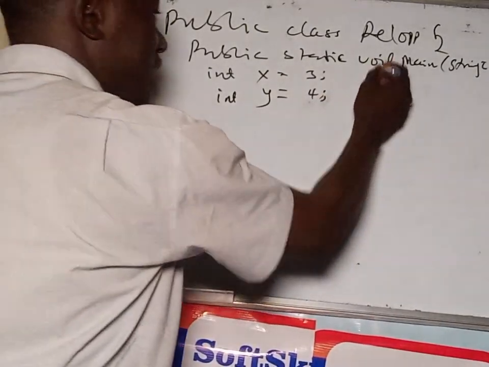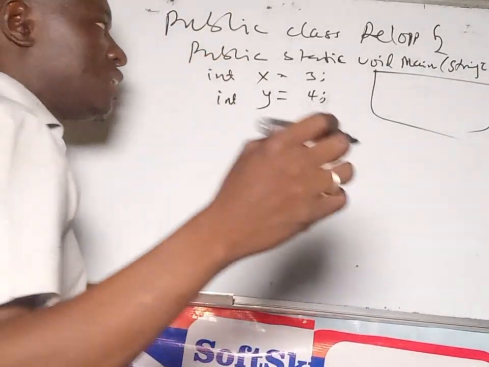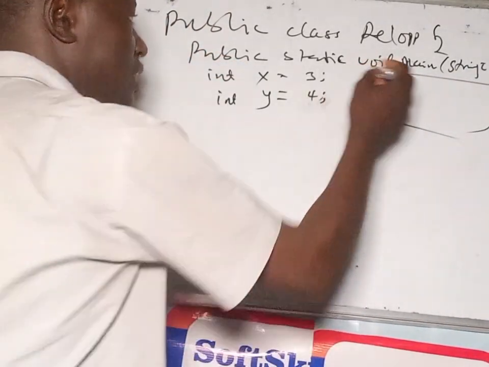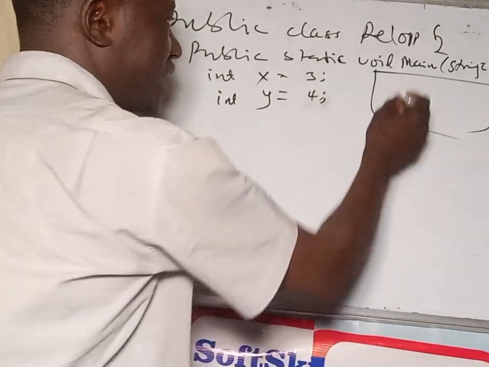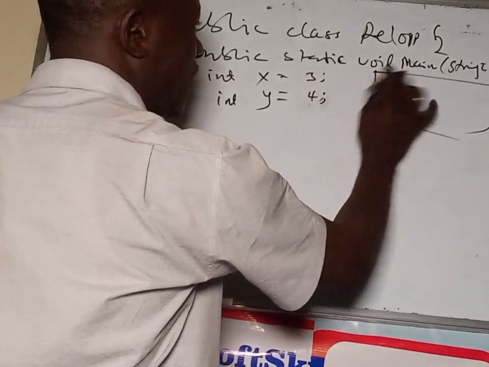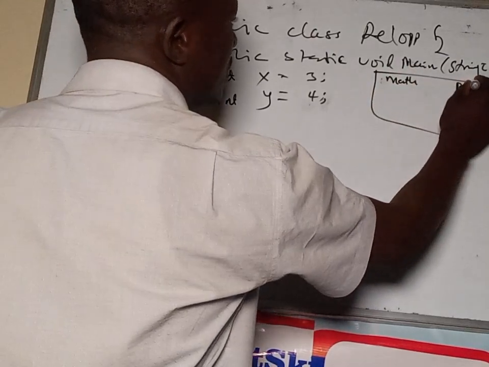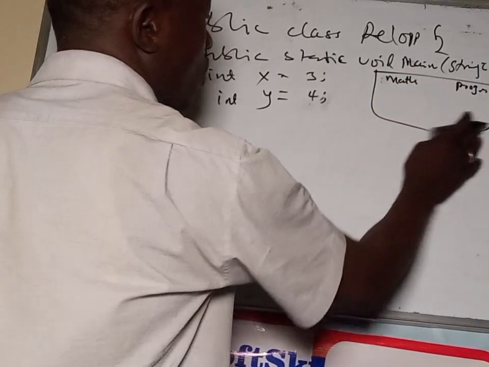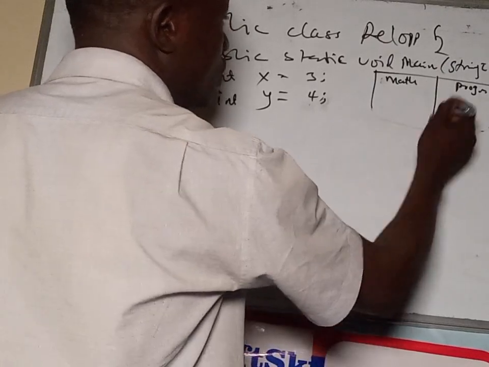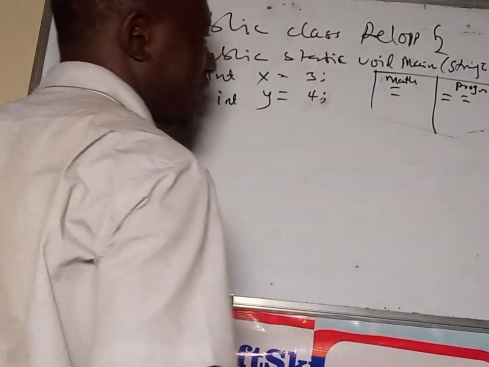So in essence, this is what we are trying to do in Java programming. If you're dealing with equality signs, you use this. Let's say we have the mathematical representation and then the programming representation of these operators. So for the equality sign, in programming we have the double equals sign.